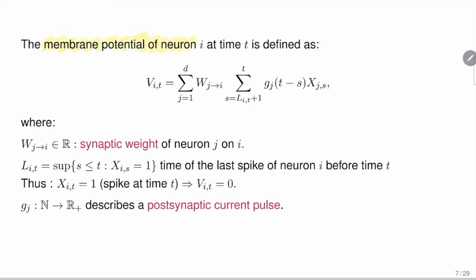So the membrane potential is V_i(t), and as you can see here, it's given by a sum over j going from 1 to d of W_{j→i} times a sum over s, with s going from L_i(t)+1 to t, of g_j(t−s) times X_j(s), where W_{j→i} is a real number describing the synaptic weight of neuron j on neuron i.